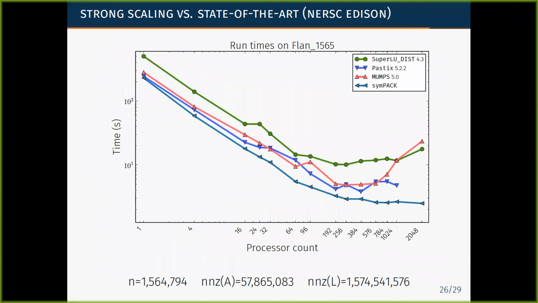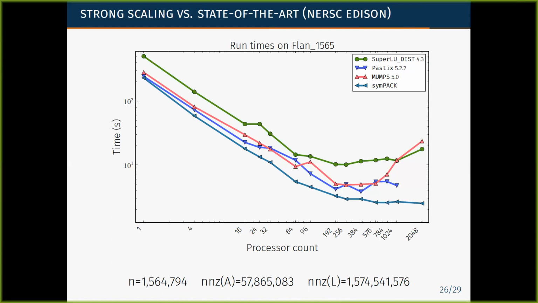All right, so in terms of strong scalability, these experiments were performed on Edison, and we have been comparing symPACK to different state-of-the-art solvers. SuperLU_DIST here is just given as a reference because it's not a symmetric solver.